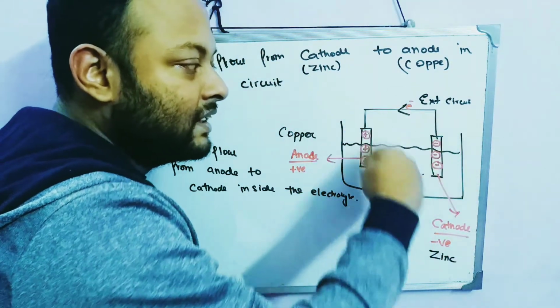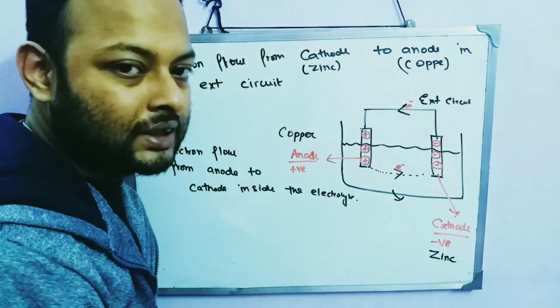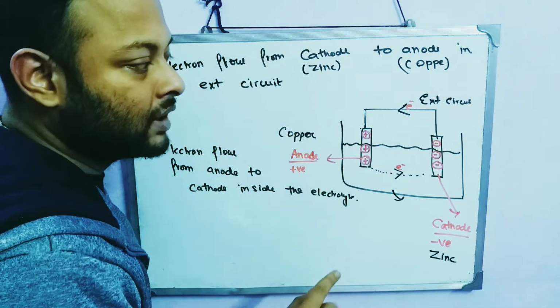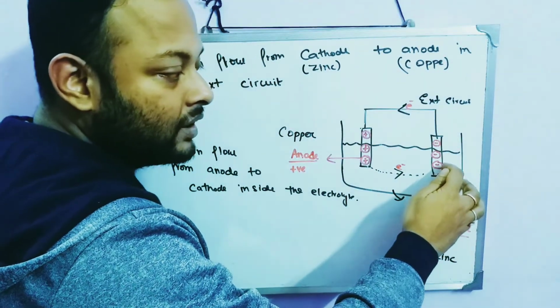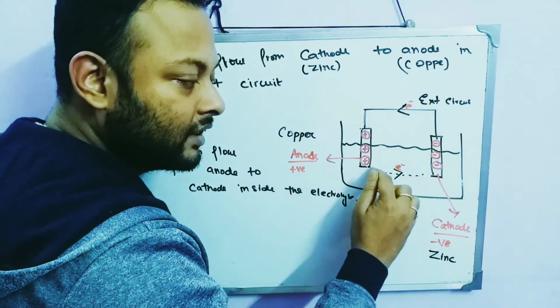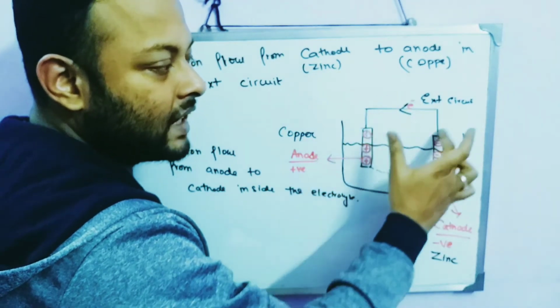Now in this entire process, whatever work is done by a unit positive charge in traveling in the external circuit as well as in the internal circuit. Say this is the internal circuit and this is the external circuit.